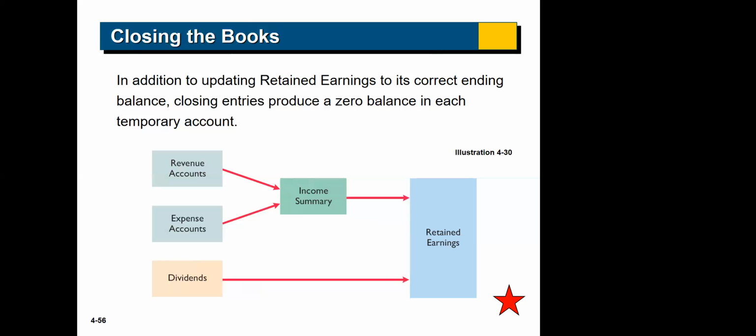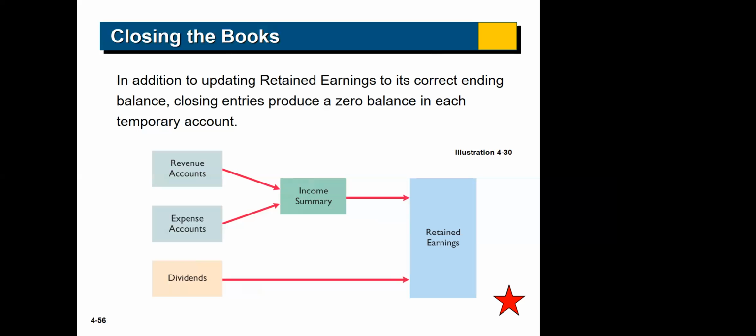When you close your books at the end of the year, you use this income summary account, and it is the summary of your income. All your expenses run through there, and all your revenues run through there. And what's the difference of expenses or revenues minus expenses? Net income, right? So what happens is you run your expenses through there, you run your revenues through there, and then the difference is your net income.